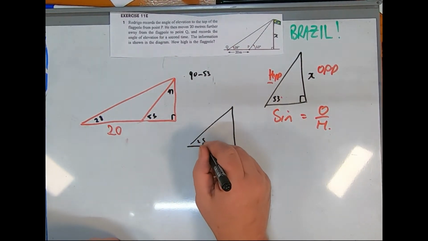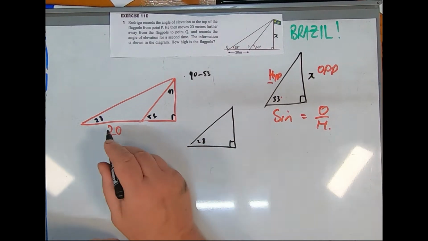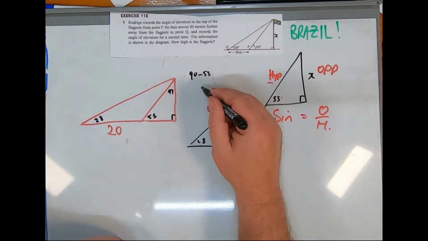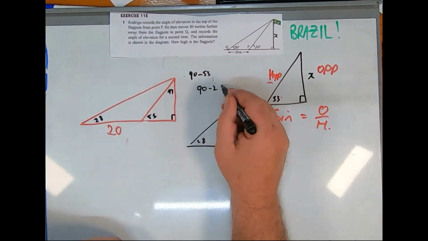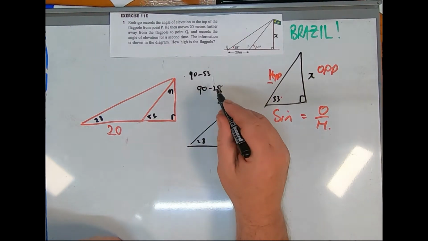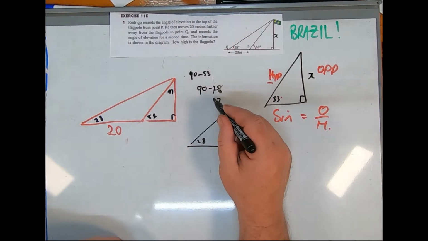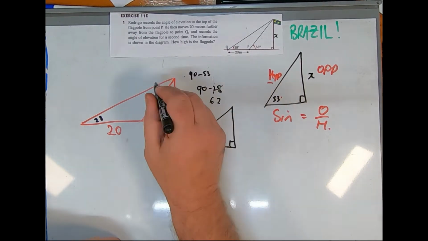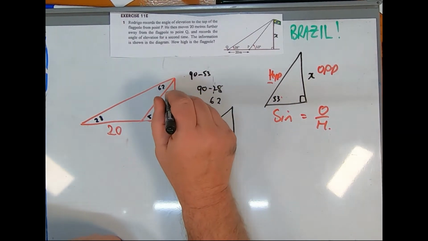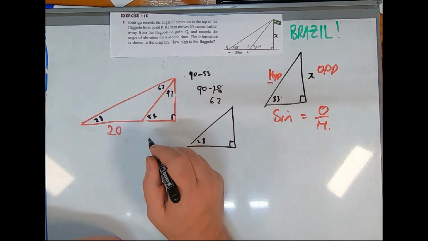If this is 28, and that's a right angle down here, the big triangle, this has got to be 90 take 28. It's got to be 62. And this is 62. So that one's 47, 62.